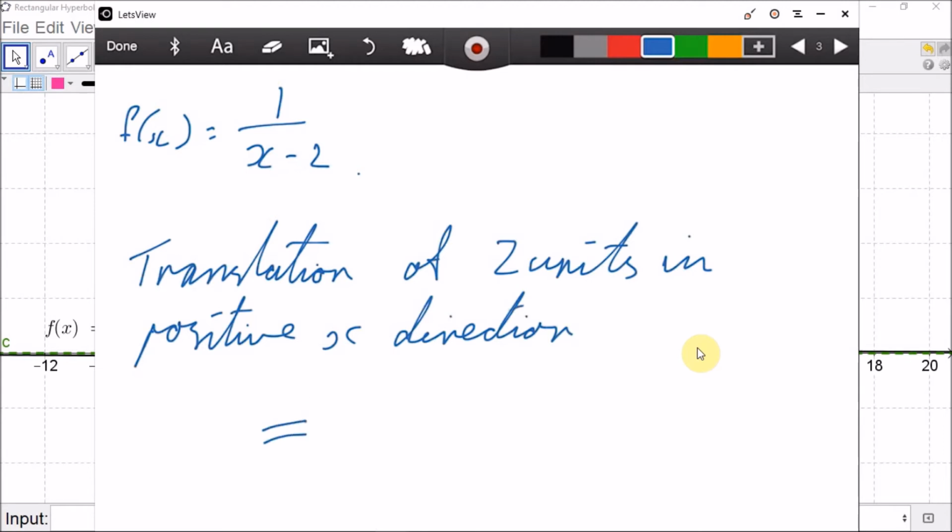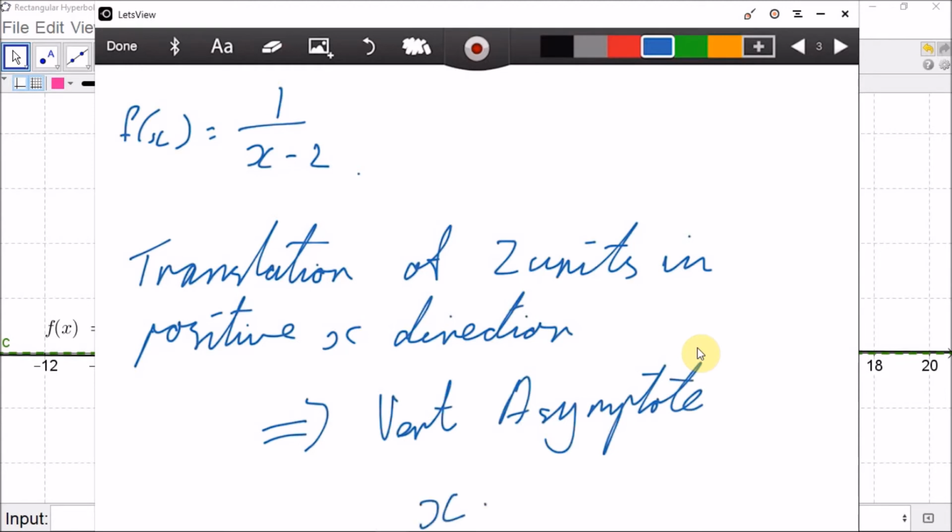And that means we have a vertical asymptote at x equals 2. So that's all wrapped up with each other.